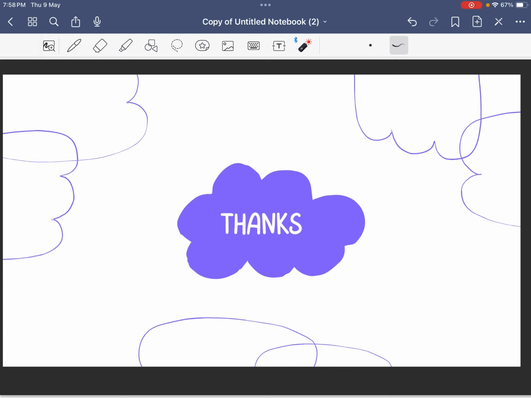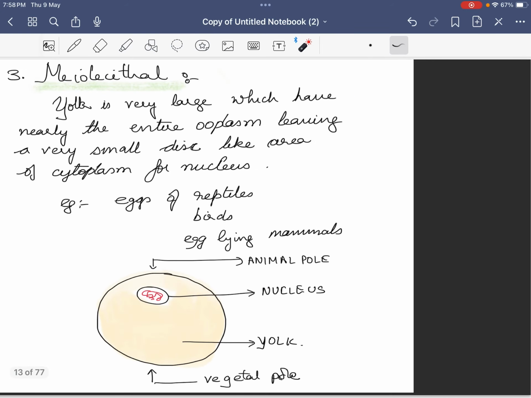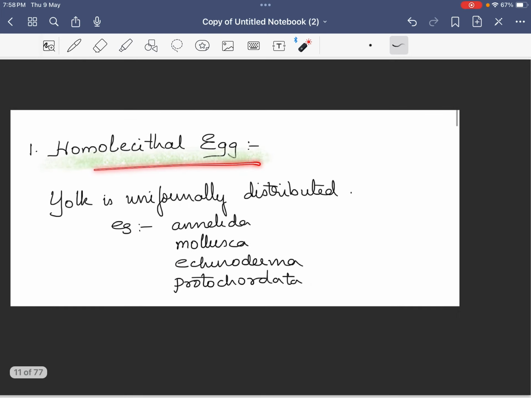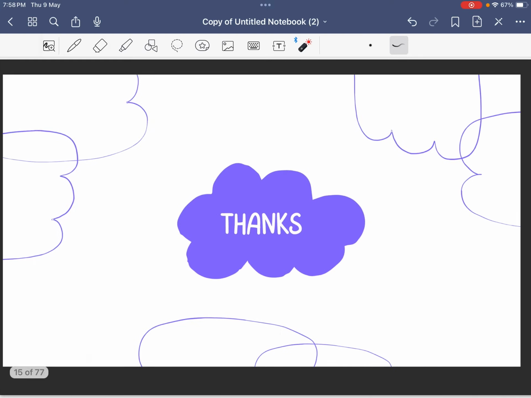While under the distribution of yolk, you have four categories, starting from the centrally localized one, which you call centrolecithal, followed by myolecithal, where the whole disc is covered, then telolecithal, where moderate yolk is distributed towards the vegetal pole, and the last one, homolecithal, which is similar to your microlecithal, where the yolk is uniformly distributed in the cytoplasm, right?